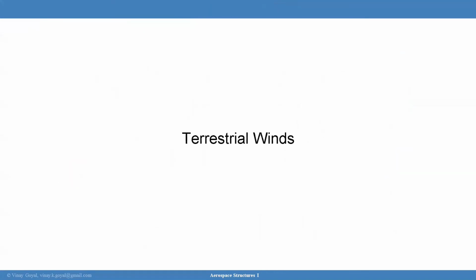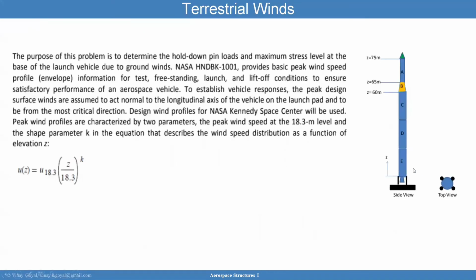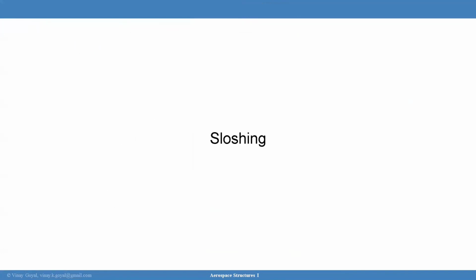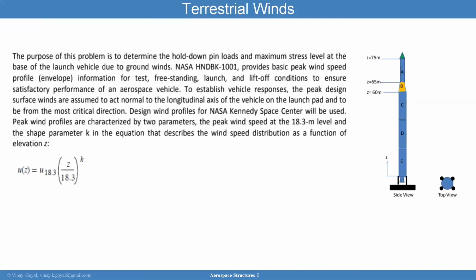And then you can sum moments about the base and figure out what needs to be done for that. So that's the example for terrestrial winds, how you approach it. That base bending moment that you find and across the vehicle needs to be evaluated to ensure that you're not going to break the vehicle, that the vehicle is robust enough to survive the loading environments.